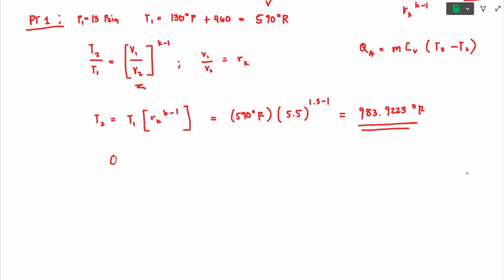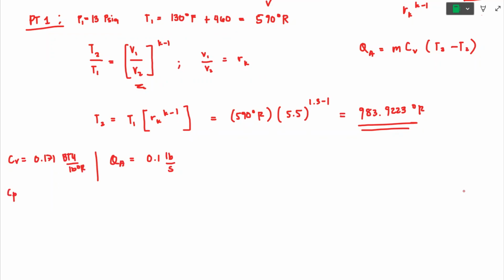Okay. QA is equal to, yung mass na ibinigay is 0.1 pound per second. 0.1 pound every second. Eh, problema, hindi mo kabisado yung CV ng air sa English. Okay. Yung CV ng air, pagdating ng English is 0.171 BTU per pound degree Rankine.